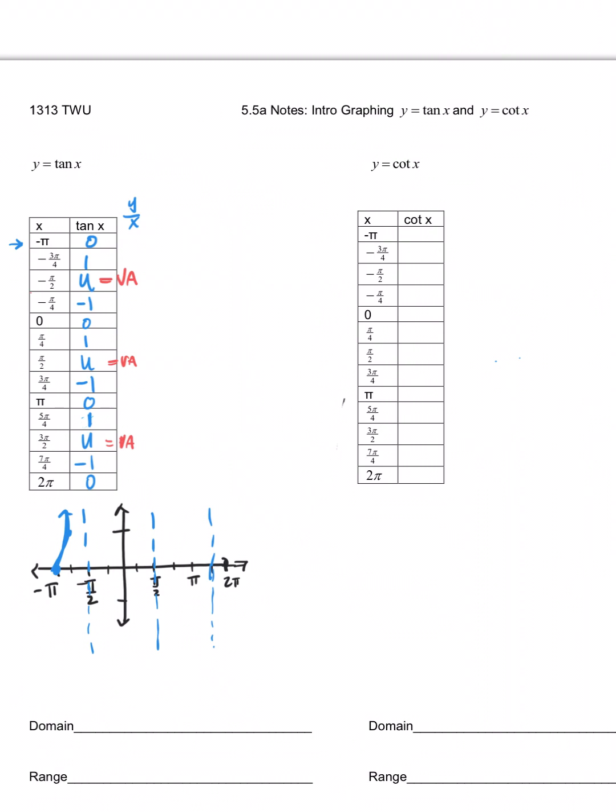Then there's the asymptote. At negative pi over 4, I'm down at -1. And then it goes to 0, and it goes to +1. And this is a curved line. And remember, it's going to approach those asymptotes, but it's going to be curved. Okay, then I have the asymptote at pi over 2.